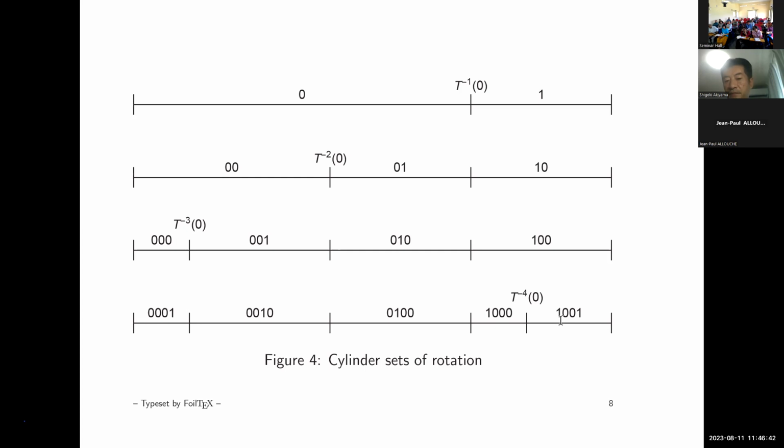Hope you understand. This also proves that by using irrational rotations you get Sturmian words, so this is another proof that this is surely a Sturmian word.